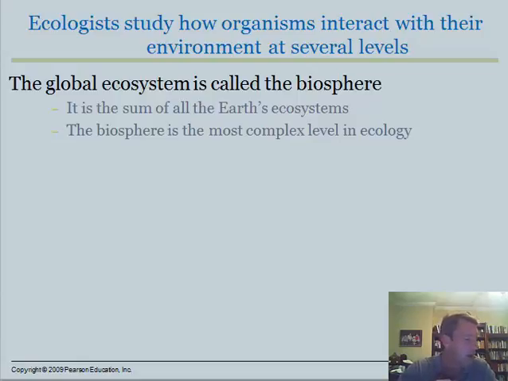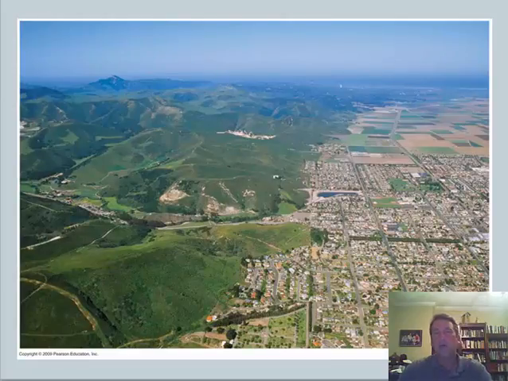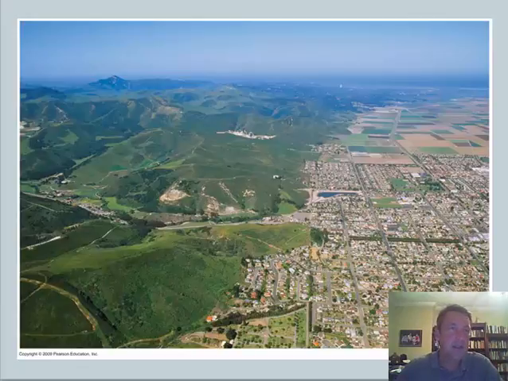But we can also study the impact that we have on these different environments. For example, our development of human cities and highways, and the use of chemicals and fertilizers, has had an impact on the natural ecosystem around us.